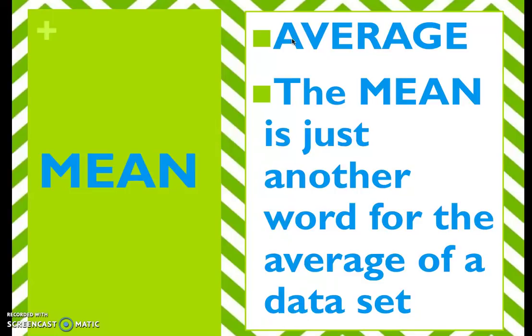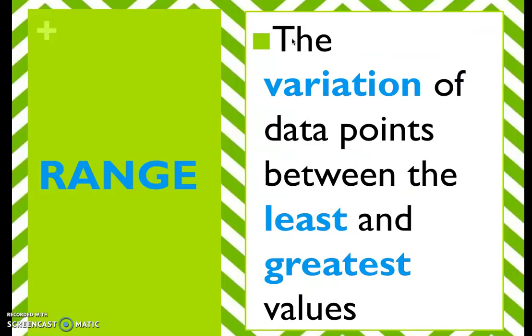All right, so the next one we're going to talk about is range. Range is the variation of data points between the least and the greatest values. When we talk about variation, we already said variability means differences.